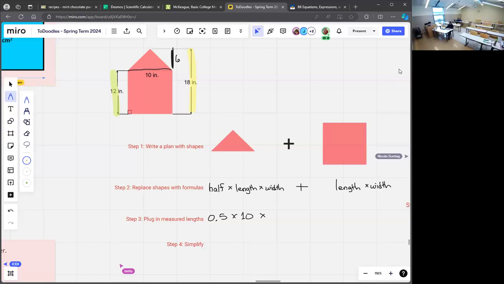I have to go 6 past the 12 to get to the 18. Everyone okay with 6 for that? And then this one is just 10 and the 12. Okay, see the two terms happening? With a plus in between them.